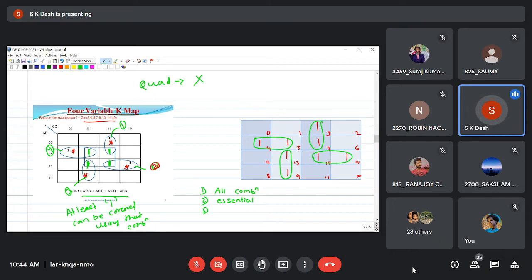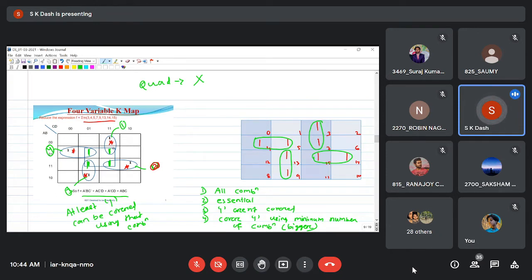Suppose some ones are not covered, then you need to cover those ones using the minimum number of combinations, starting from the bigger one. Okay, so from now onwards we will do it like this.